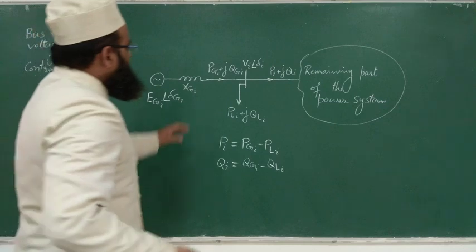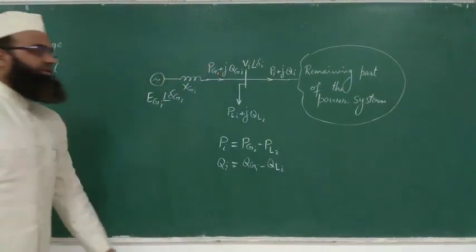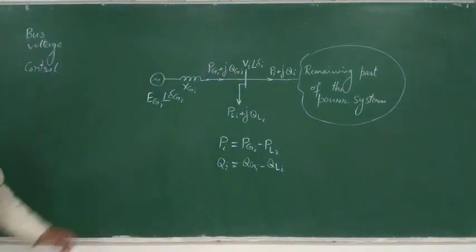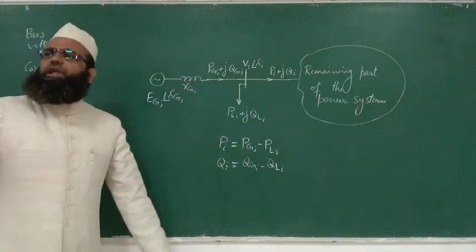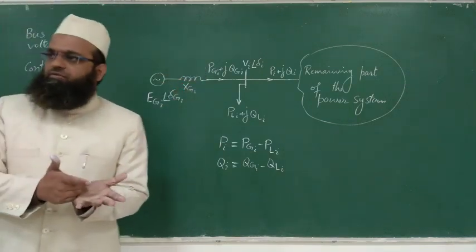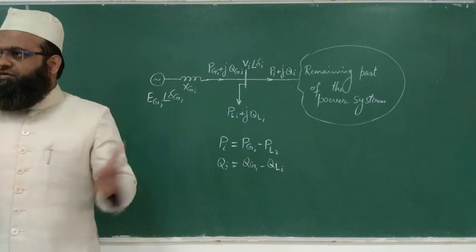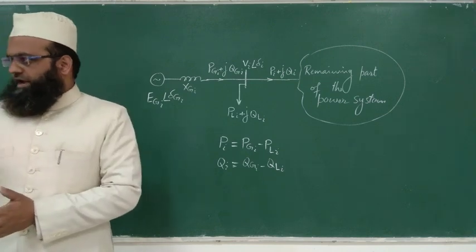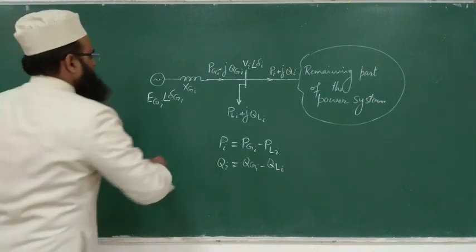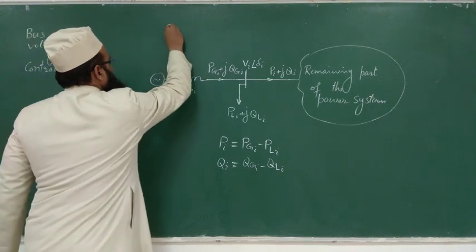So how to write these two powers? You might have studied in Power System 1, for the real power in a transmission line also, if you know the sending end voltage, receiving end voltage and reactance, you may write the power. So just write PGi.